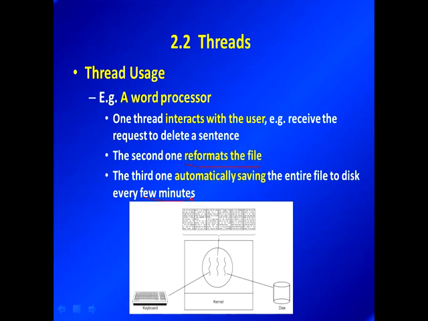But actually it's just because the process adopts three threads to take charge of the three different kinds of activities. So you can use this word processor with higher efficiency.